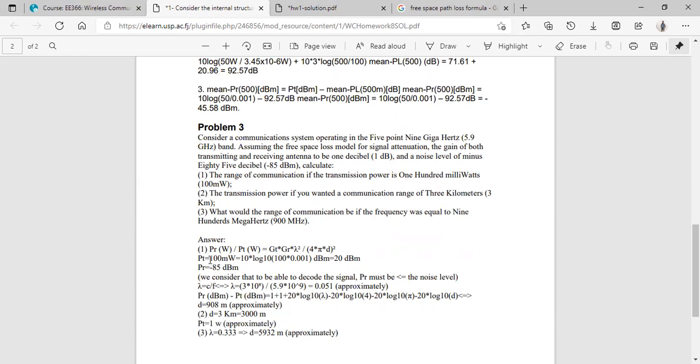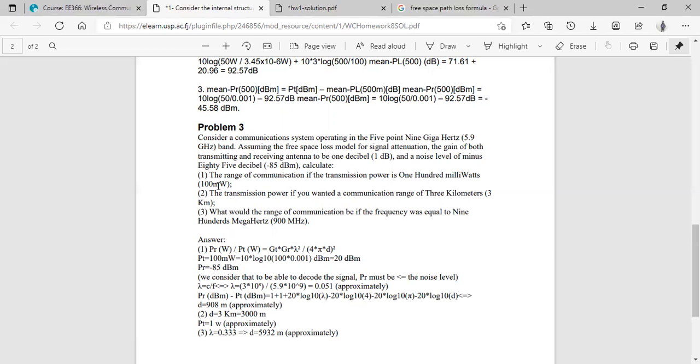We know our transmitter power is 100 milliwatts. What else do we know? We know our receiving power, which is minus 85 dBm. Since our receiver power is in dBm, we can convert the transmitter power into dBm as well.